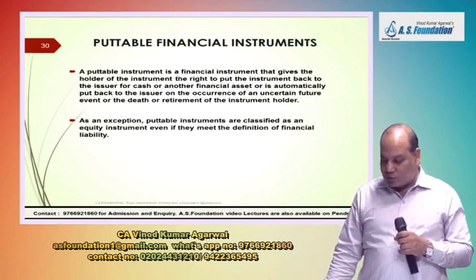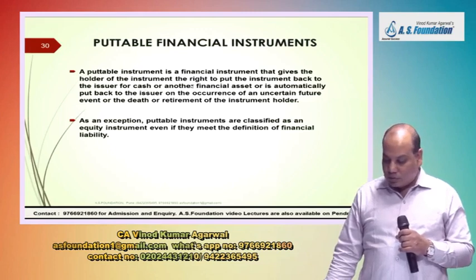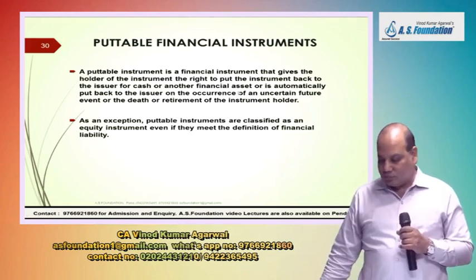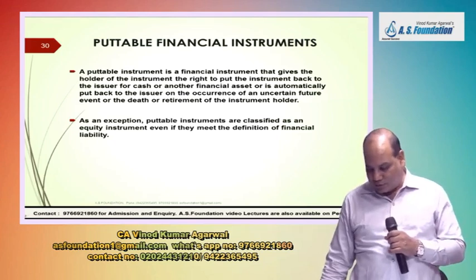So a puttable instrument is a financial instrument that gives the holder the right to put the instrument back to the issuer for cash or another financial asset. Puttable bond. Have you heard of a puttable bond?